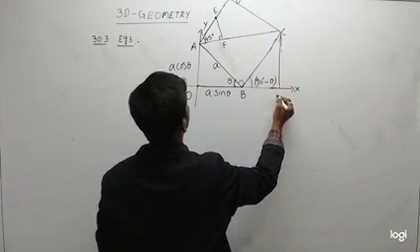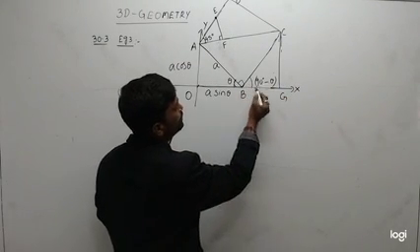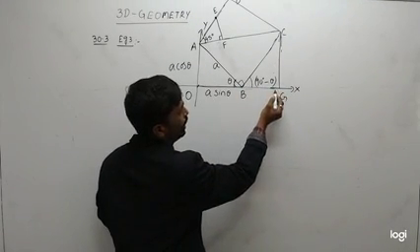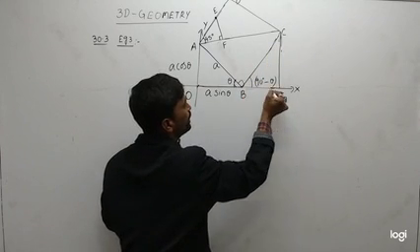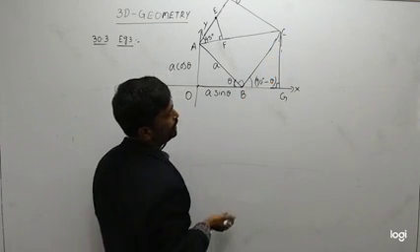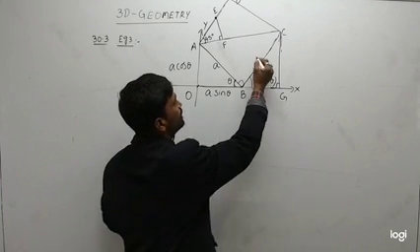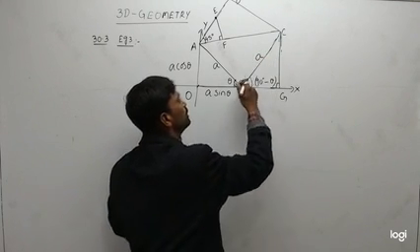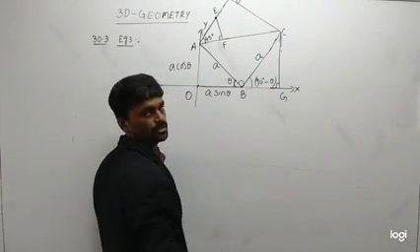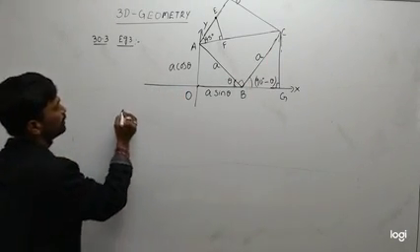And if you draw a perpendicular from C to the x-axis, say this point is G, then this BG becomes the adjacent side of this right triangle CBG. In this right triangle, BG is the adjacent side, and the hypotenuse is A, because it is the side of the square. And this BC value becomes what?